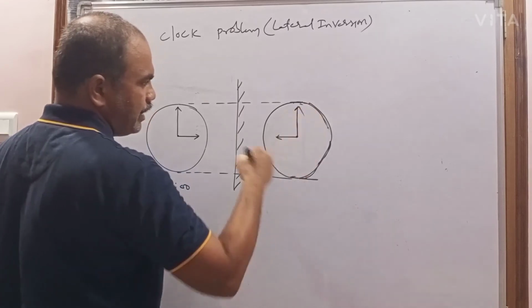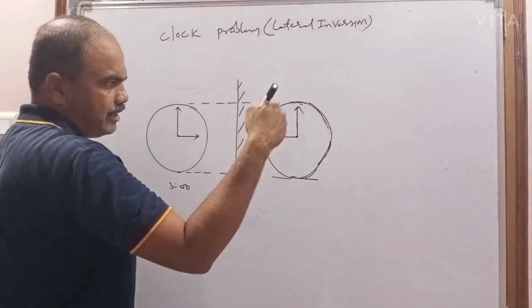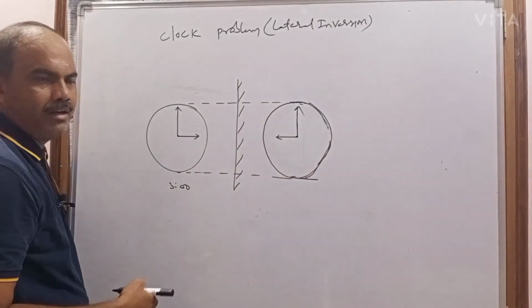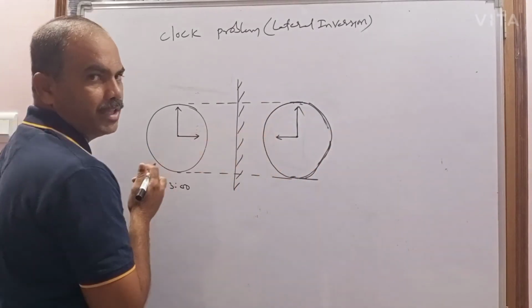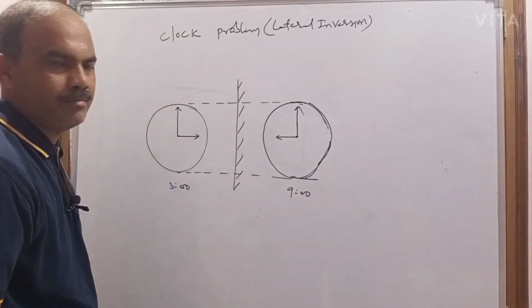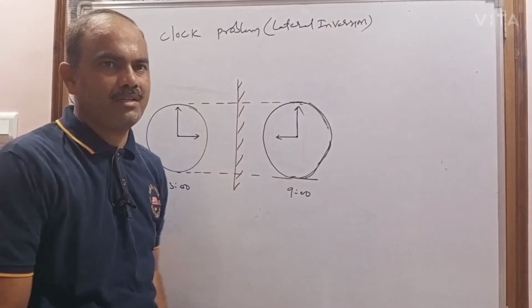Now what is the time in the image of the clock formed by the mirror? Now it is 9 o'clock. Here 9 will be there, 9 o'clock, because of lateral inversion.